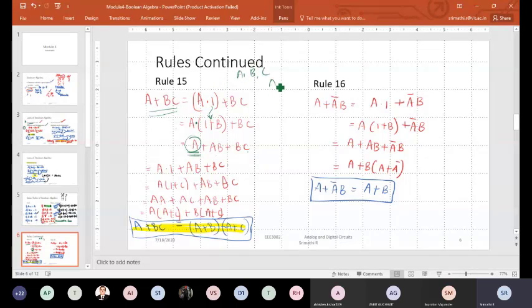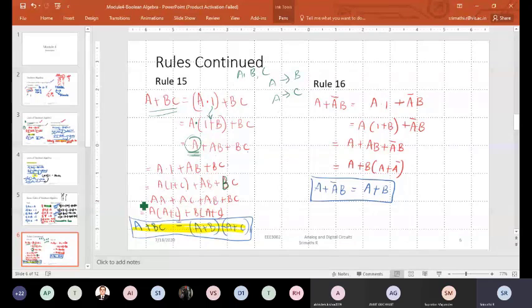Already a has been clubbed with b, now again a we need to club with c. So a into (1 plus c) plus ab plus bc. So now a dot a plus ac plus ab plus bc.